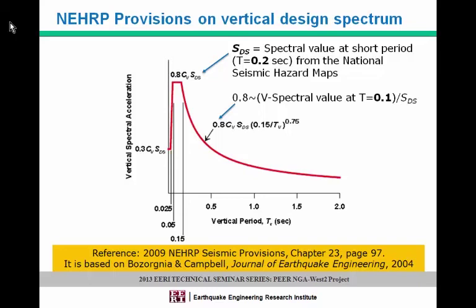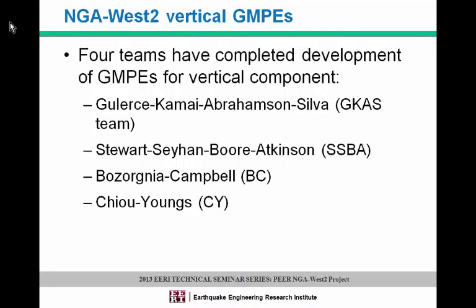So my point is this: if you don't know anything else, instead of using 2/3, you go to read the horizontal spectrum out of national hazard maps. Put it in this perspective. We gave coefficients. At least construct something like this. It is better than 2/3. Everything, as I mentioned, was pre-NGA. It was even pre-NGA-West1. We didn't do anything in the last few years until NGA-West2.